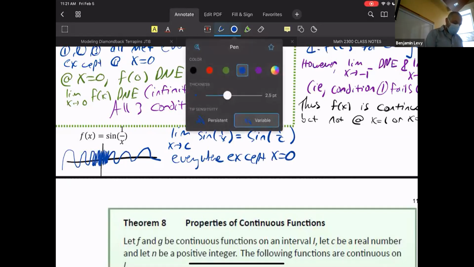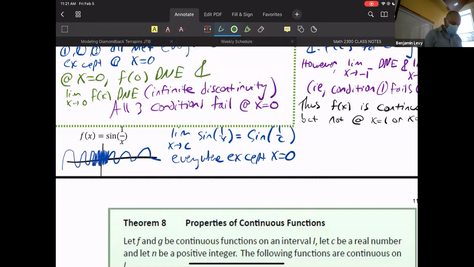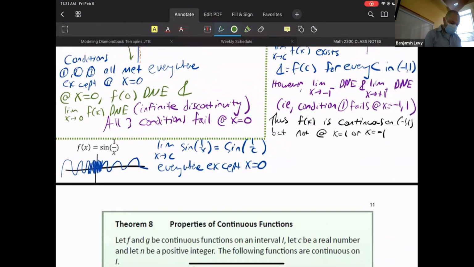Taking that a little bit further, at x equals 0, the limit doesn't exist due to oscillations.